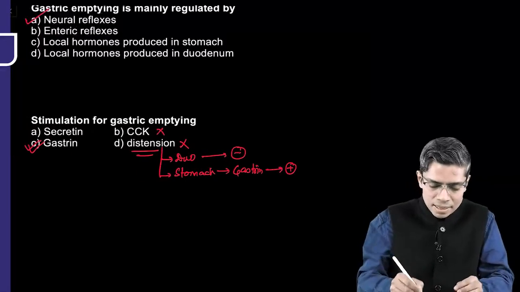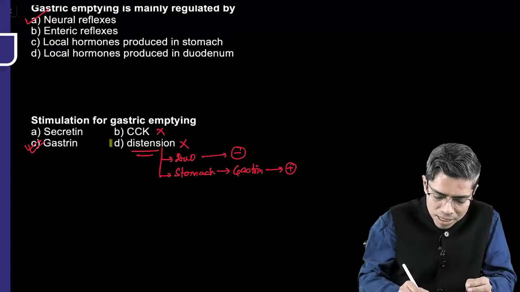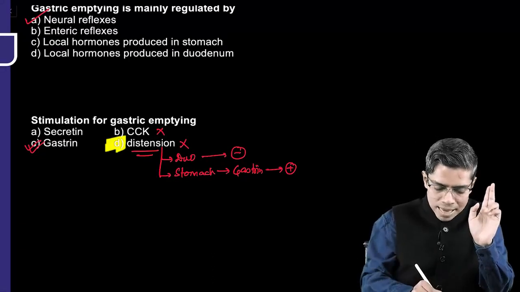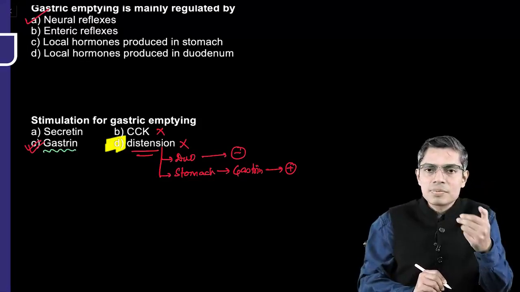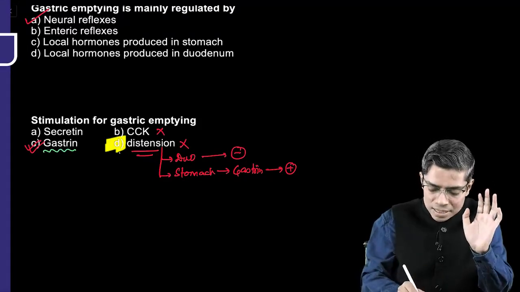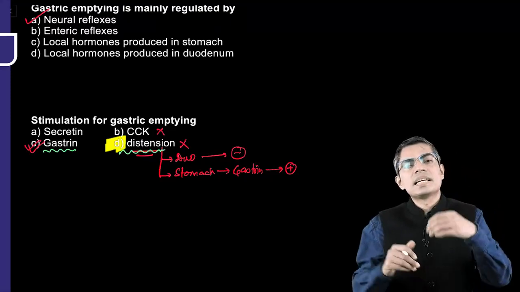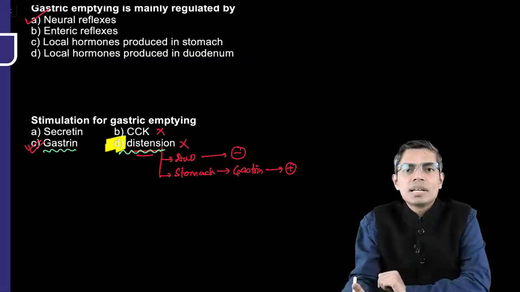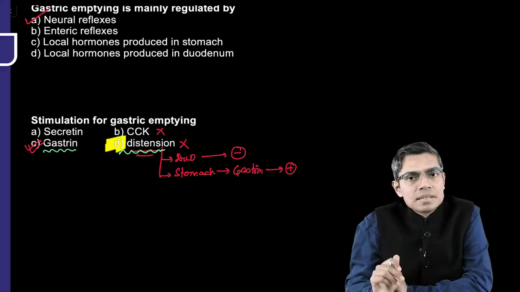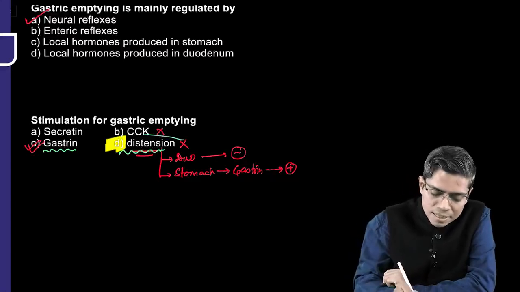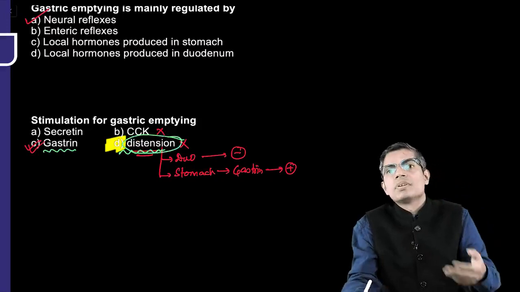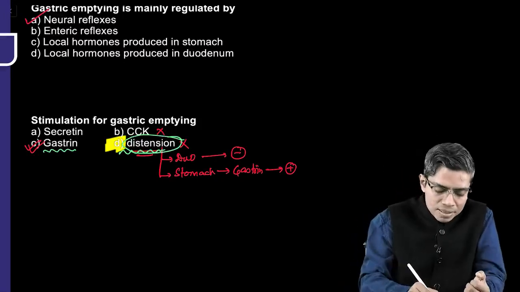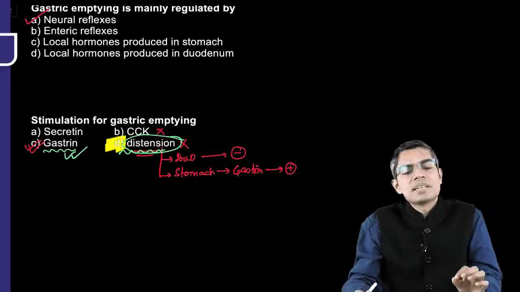So basically, this D can also be an answer in this question. If you have to choose multiple options, then gastrin is the direct stimulus for gastric emptying, and distension of the stomach is an indirect stimulus for gastric emptying. But if I have to choose only one answer, obviously I am going to choose gastrin here, because they have not mentioned the distension of the duodenum or stomach. Assuming that this is distension of the duodenum, the best single answer possible here is gastrin.